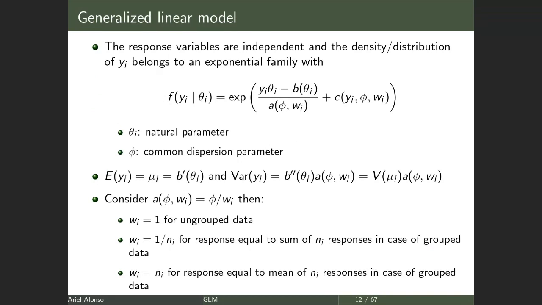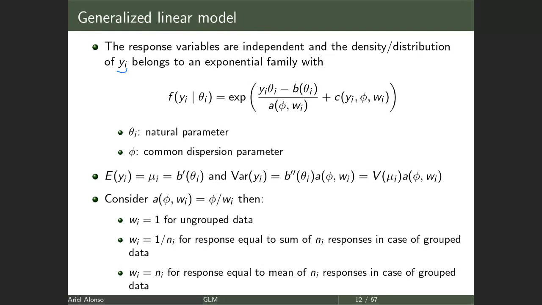Okay, now let's write down our model. Let us now go to the generalized linear model in a little bit more formal way. Now, suppose that you have the response variable yi. So this is now the response of subject i.